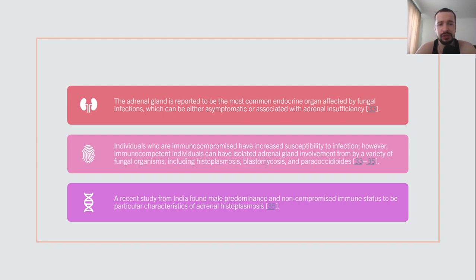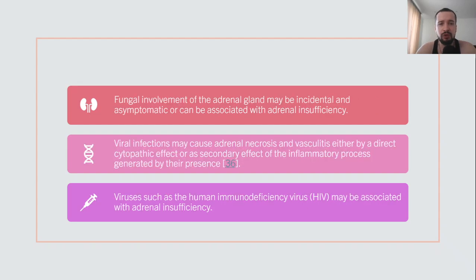A recent study from India found male predominance and non-compromised immune status to be particular characteristics of adrenal histoplasmosis. Fungal involvement of the adrenal gland may be incidental and asymptomatic or can be associated with adrenal insufficiency.